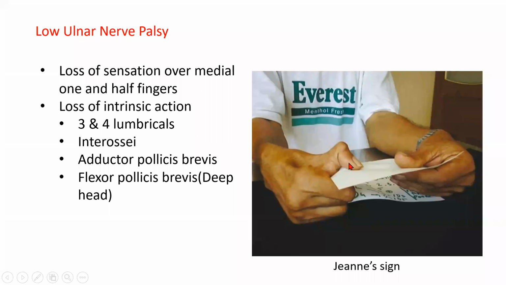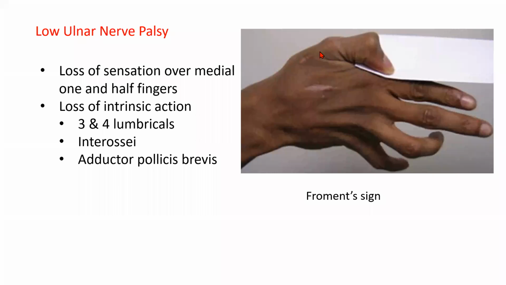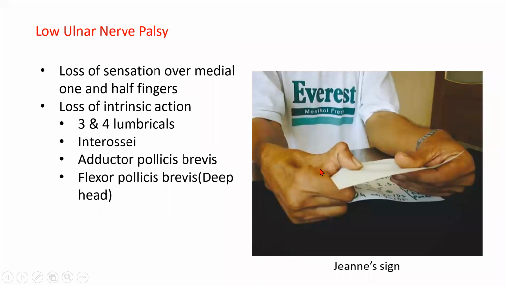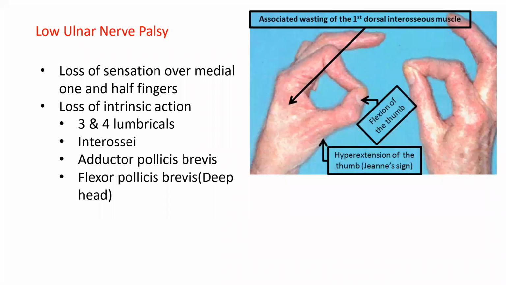Therefore, whenever you do this test, in addition to flexion of the IP joint, there is also hyperextension of the MCP joint, right? Compare this picture here. See here, the MCP is still flexed, okay? Whereas in this picture, there is hyperextension of the MCP joint. So in addition to IP flexion, hyperextension of MCP is called Jeanne sign. Another clear explanation of the Jeanne sign, the hyperextension of the thumb, okay?